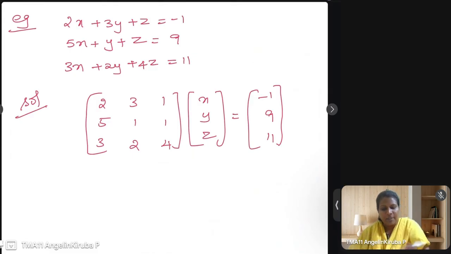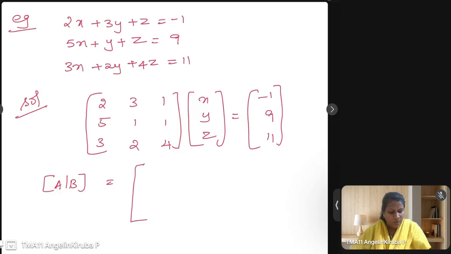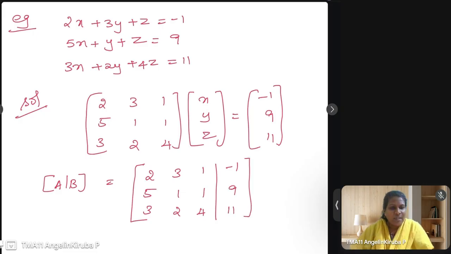Framing the augmented matrix is nothing but writing in this form: 2, 3, 1, 5, 1, 1, 3, 2, 4 and the b value is minus 1, 9 and 11. Right? So for Gauss elimination method, we have to convert this matrix into an upper triangular matrix.